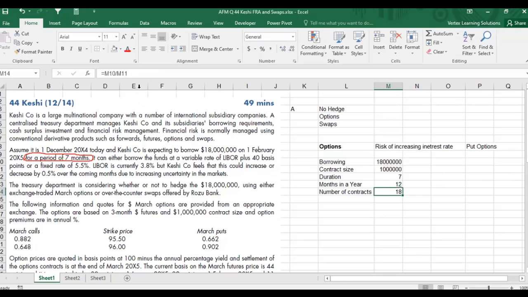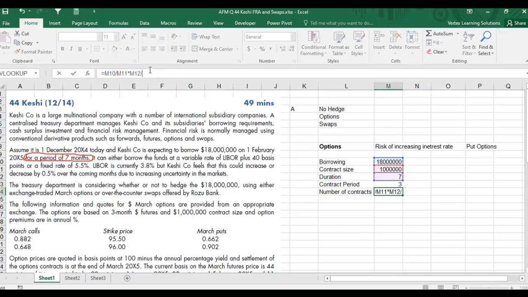So what I further need to do is multiply it with this number 7, the total duration of the loan, and divide by 3, because we know that the standard contract period is 3 months. I should say contract period, and I put 3.